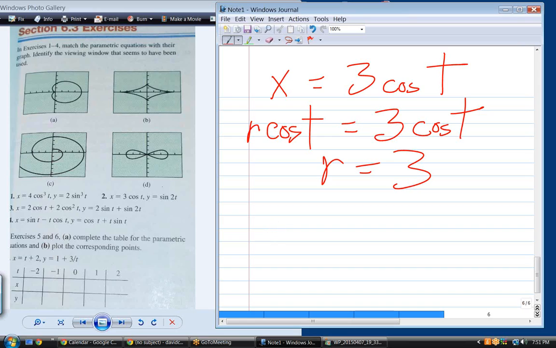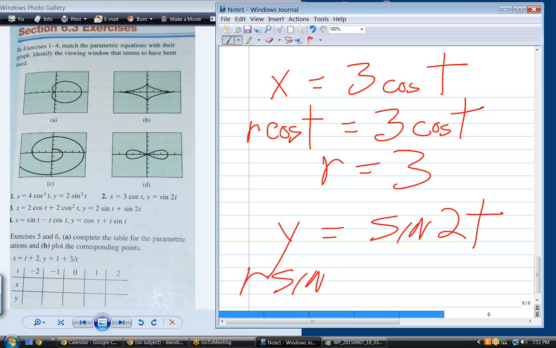But we also have y equals sine of 2t, and y is r sine of t equals sine of 2t.